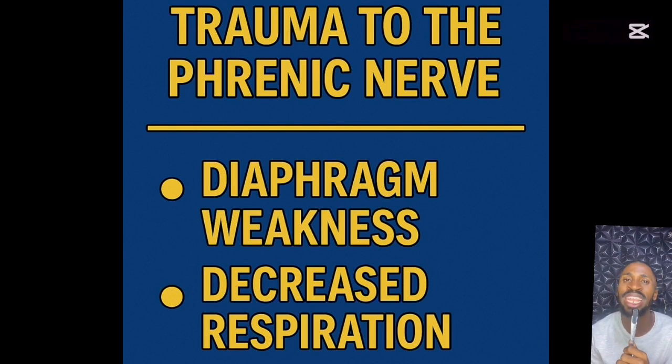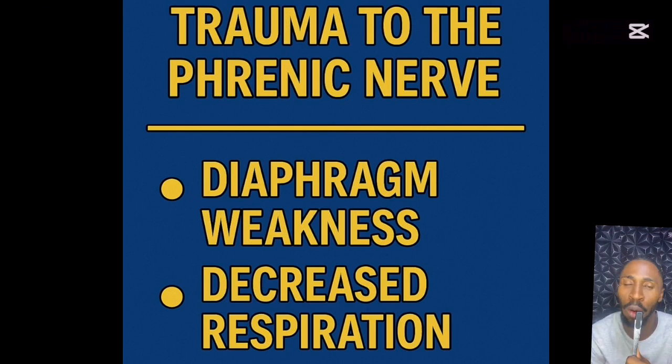So when there is paralysis of the diaphragm caused by damage or a lesion to the phrenic nerve, what will happen? The diaphragm will not contract, which will cause a decrease in respiration, accompanied by a drop in oxygen. And when there's a drop in oxygen, what will happen? It will be very hazardous to our blood, because our blood and our body need oxygen. It could cause brain death, tissue damage, and a whole lot more.